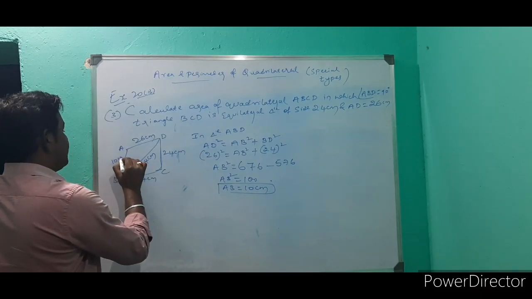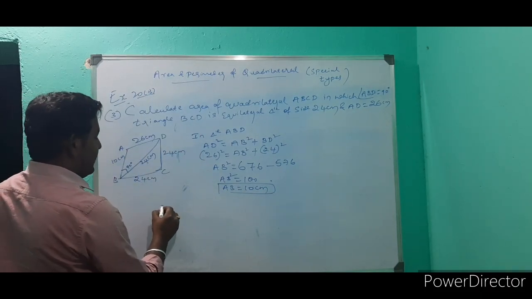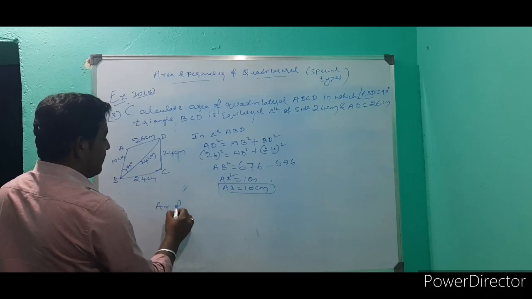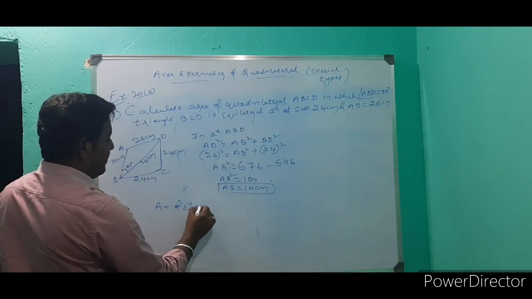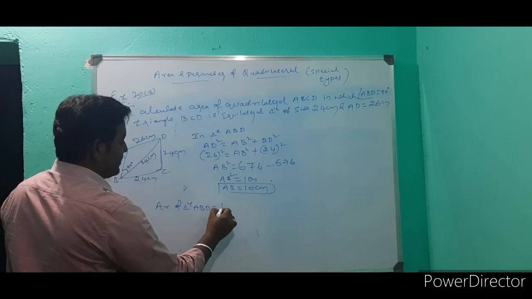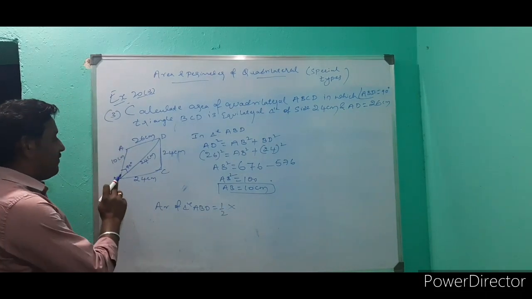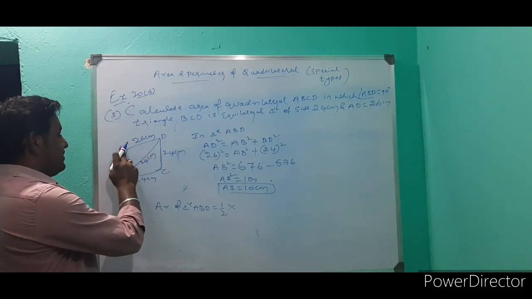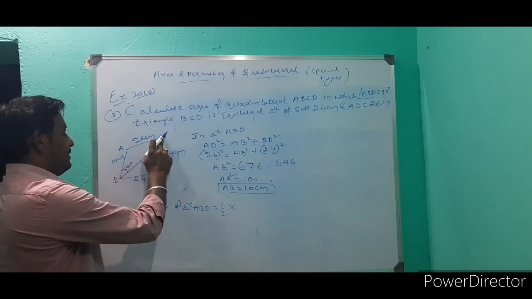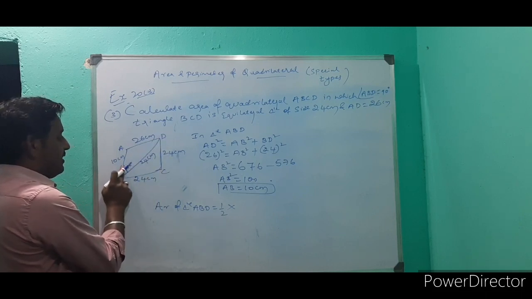This is 10 centimeter. So find area of triangle ABD is equal to half into product of 90 degree angle sides, which are AB and BD, connecting with 90 degree.